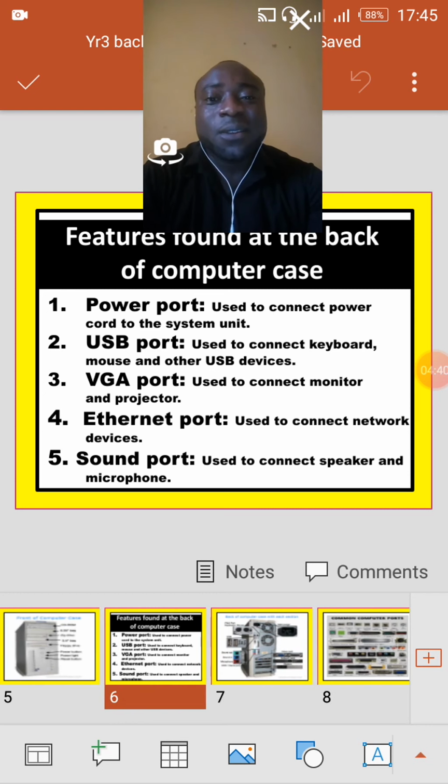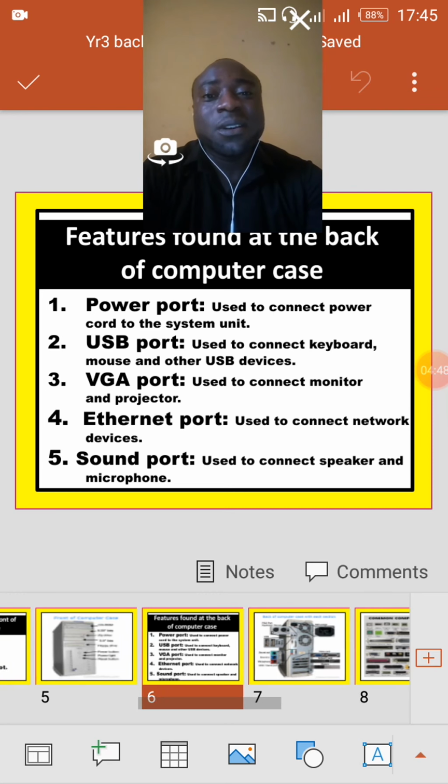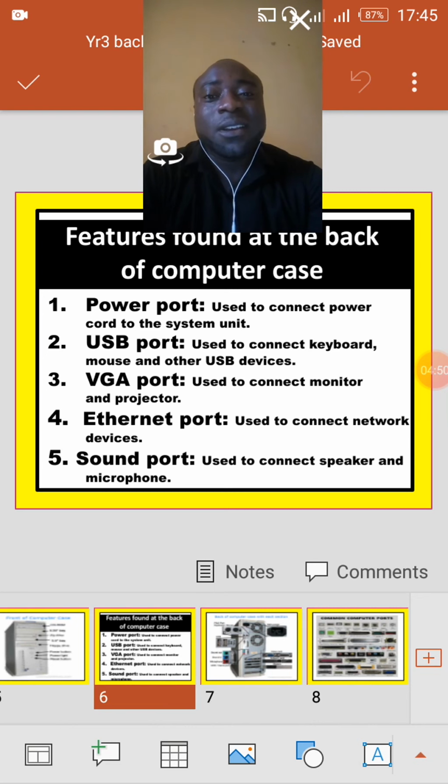The third one, the VGA port, is used to connect monitor and projector to the system unit. The Ethernet port is used to connect network devices. The last one is the sound port. Sound port is used to connect speaker and microphone.